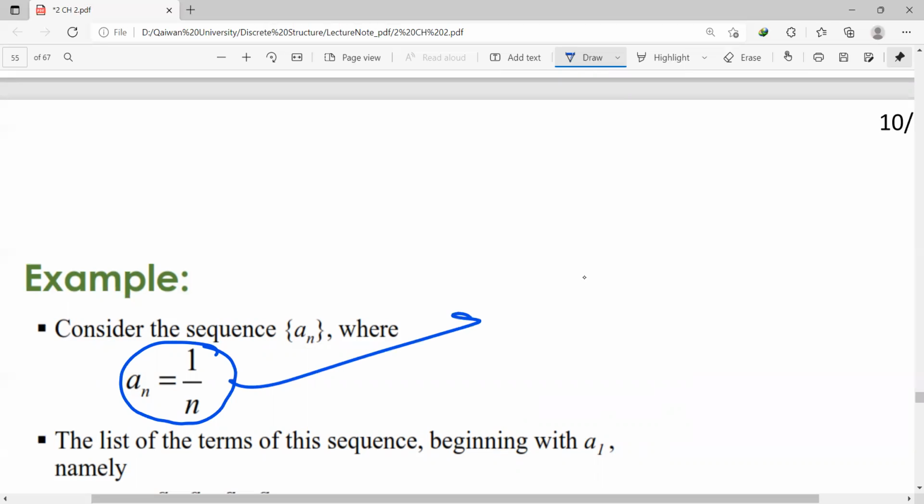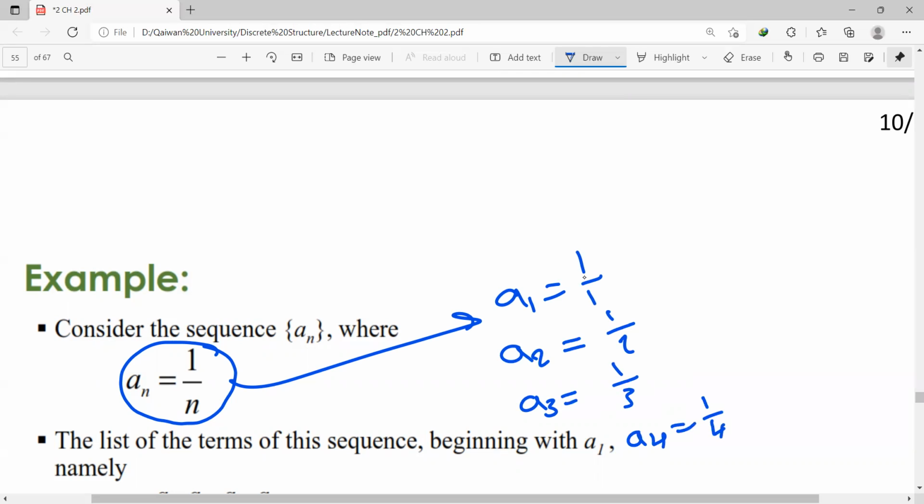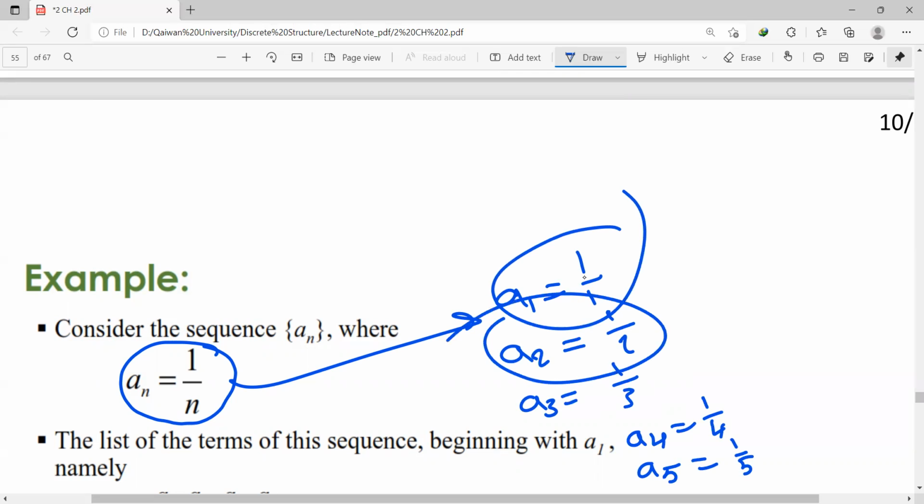What's A1? Here, A1 equals 1 over 1. Here, we just replace n by 1. How about A2? We replace n by 2, 1 over 2. How about A3? 1 over 3. A4, 1 over 4. A5, 1 over 5. Look, this is the first term, this is the second term, third, fourth, fifth, and so on.